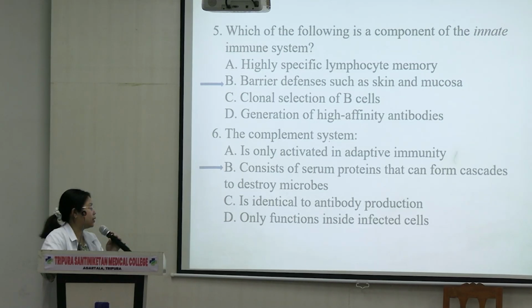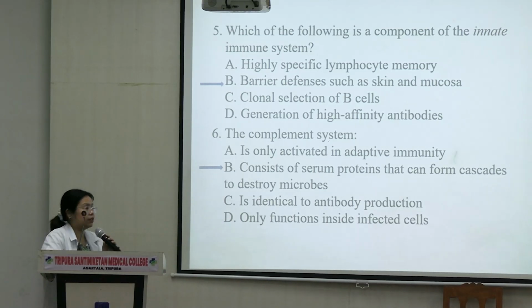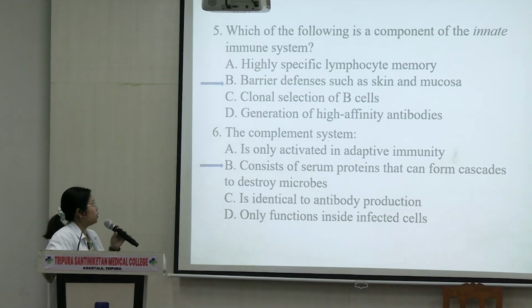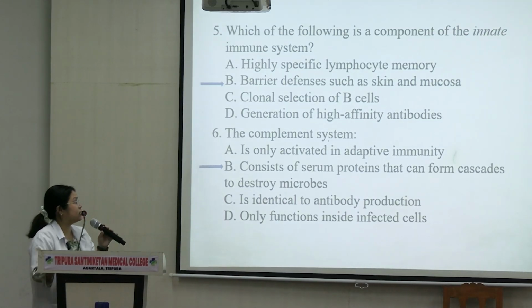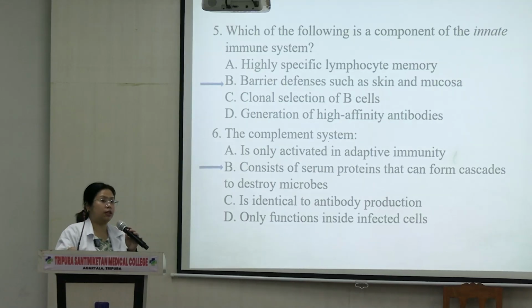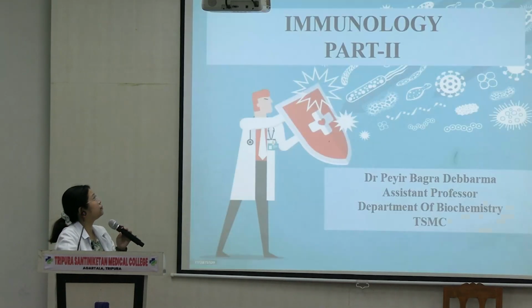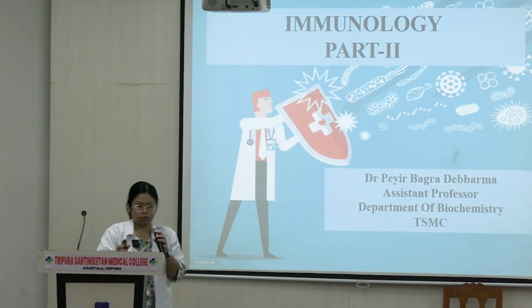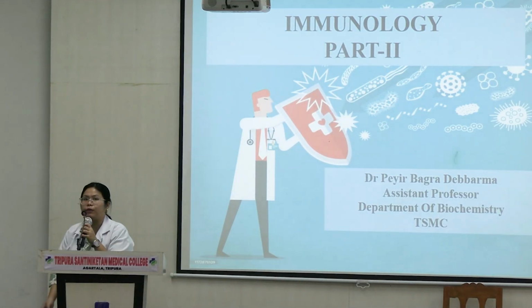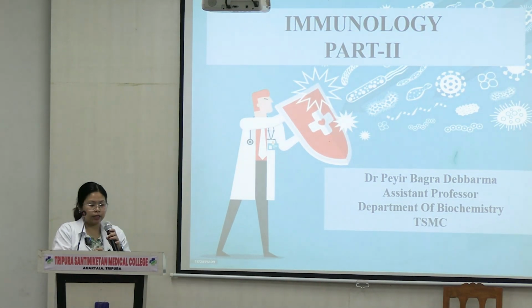There is no antibody generation, and it's not only effective inside the infected cells. So the only correct option we have over here is the complex of serum proteins that destroys the microbes. So we'll go to today's topic, which is immunoglobulin.